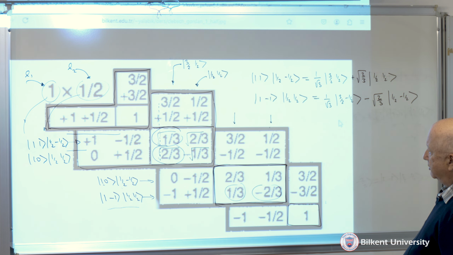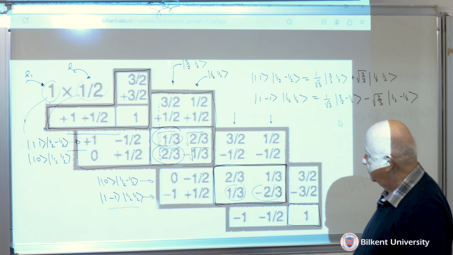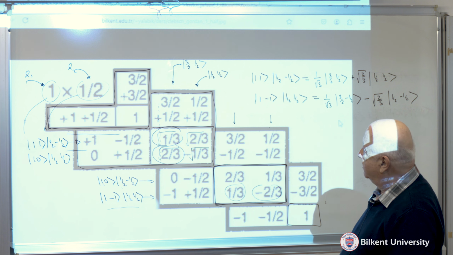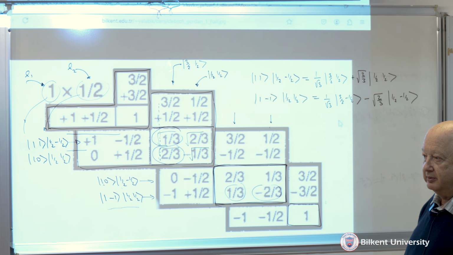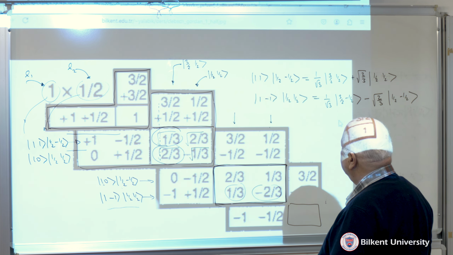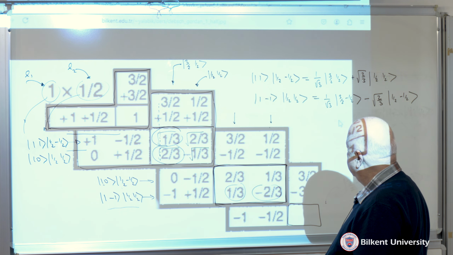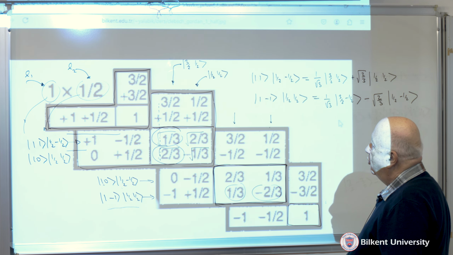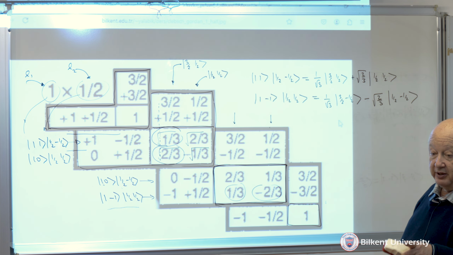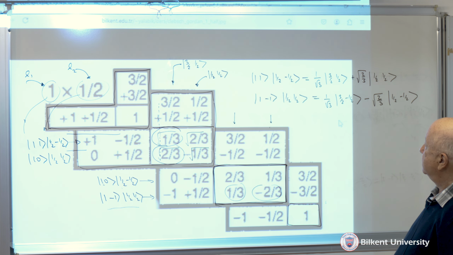So please do some exercises and familiarize yourself with the table more than my capabilities. These things are useful. If you have more complicated systems, as you can see, the tables get somewhat bigger.